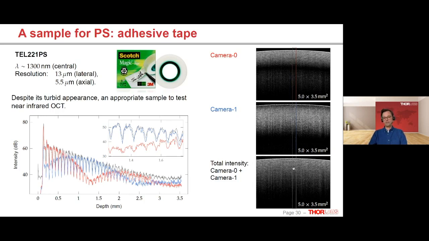And if we compare the profiles taken from the middle here, we also see the dips in camera 1 and camera 0, but for the total intensity, we get what has been expected, a nearly linear signal decrease caused by light absorption and scattering in the sample.